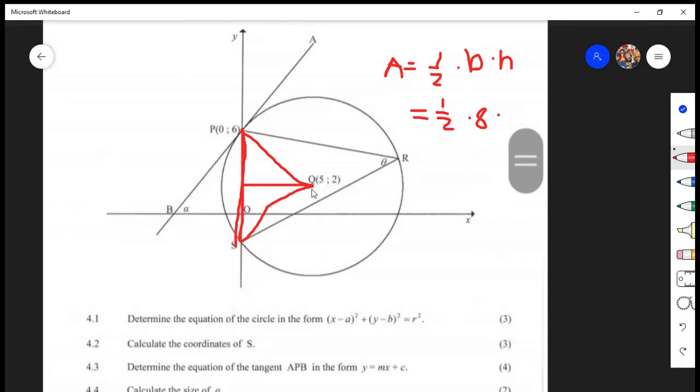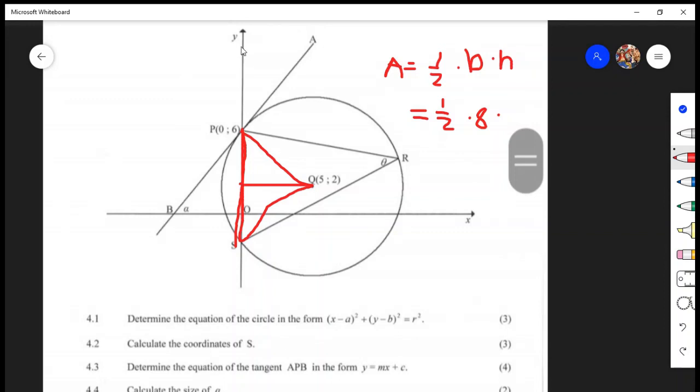Does everyone understand how we got the 5 units? Okay. What don't you understand about how we got the 5 units? Okay. So can you see here at this point, our x value is 0 because it's on the y-axis.